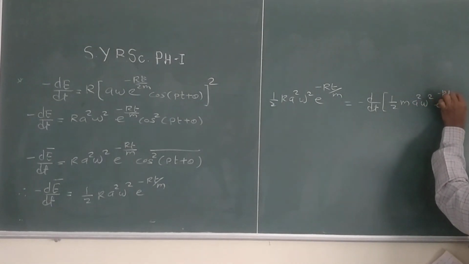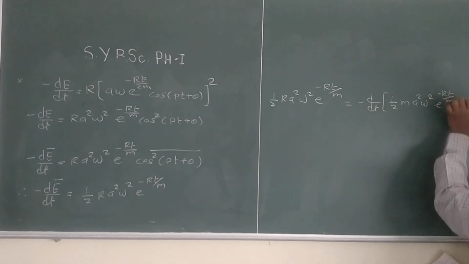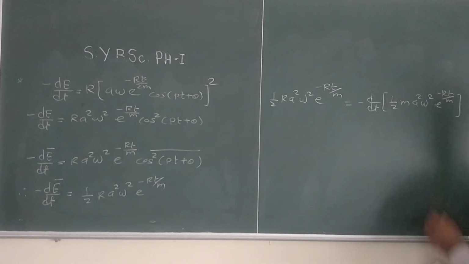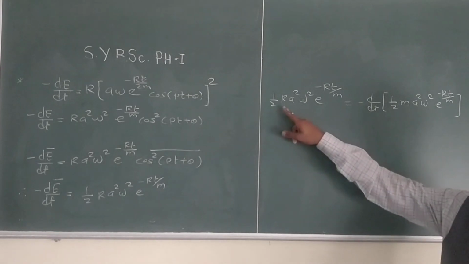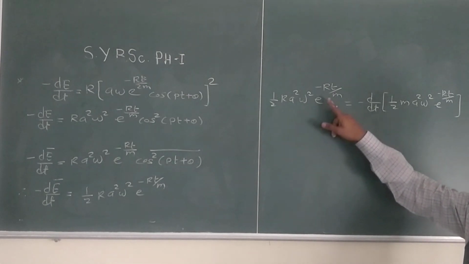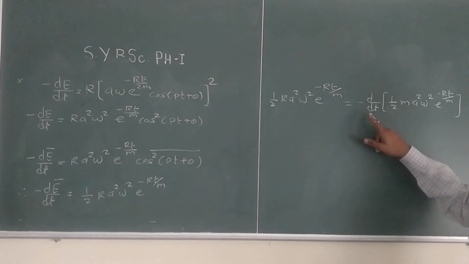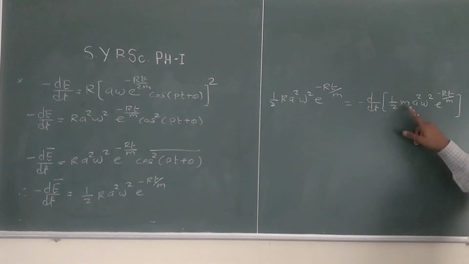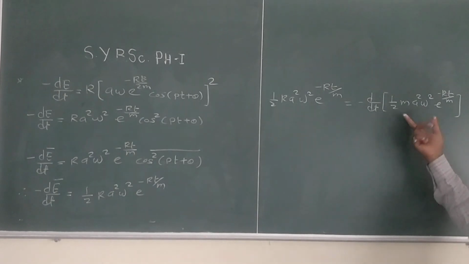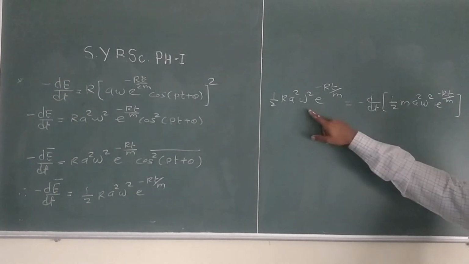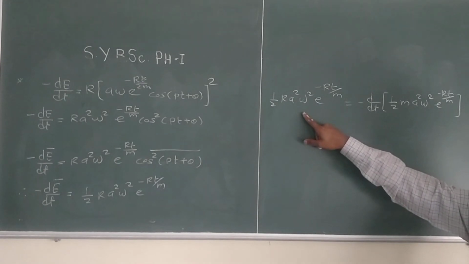So we write half r a square omega square e raised to minus rt upon m is equal to minus d dt of half m a square omega square e raised to minus rt upon m. When we differentiate this term with respect to t, then we get this term.